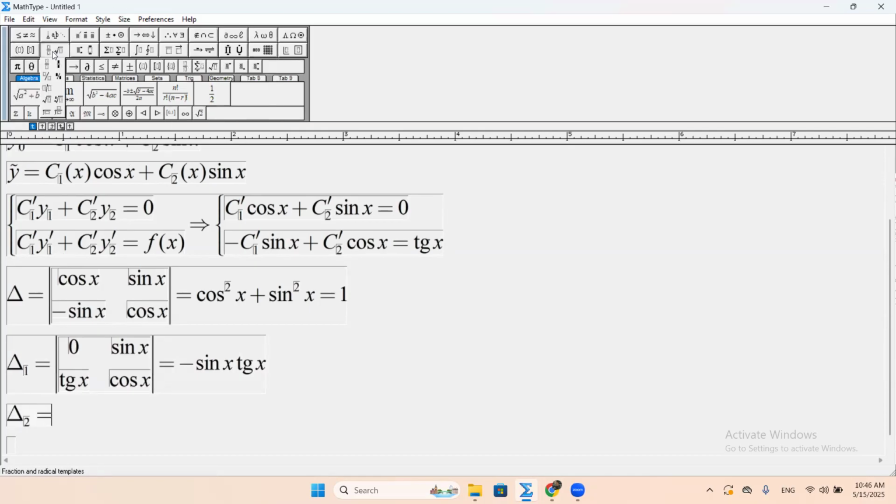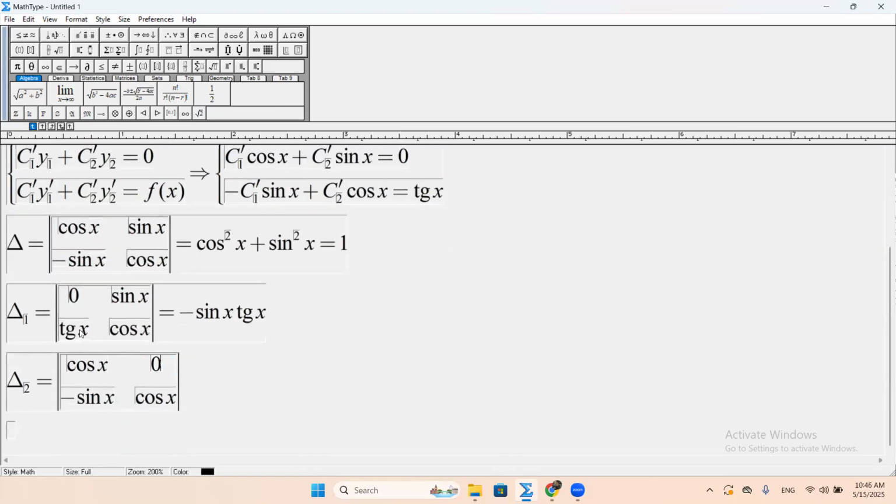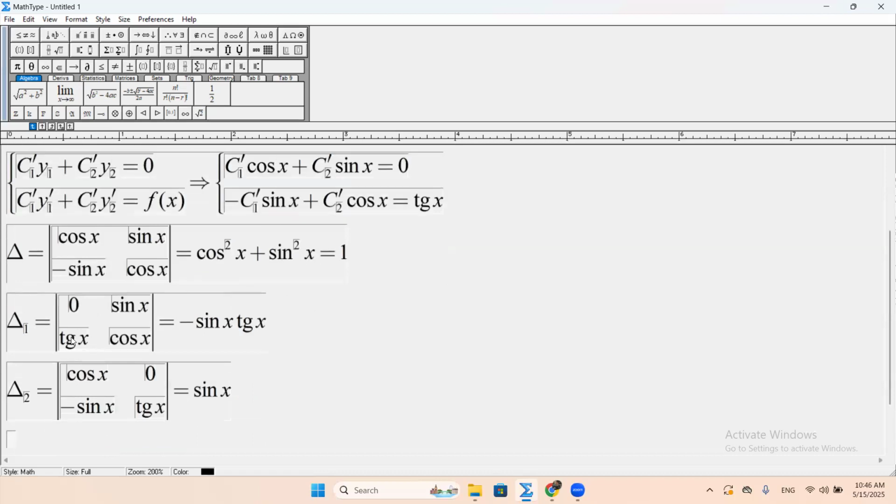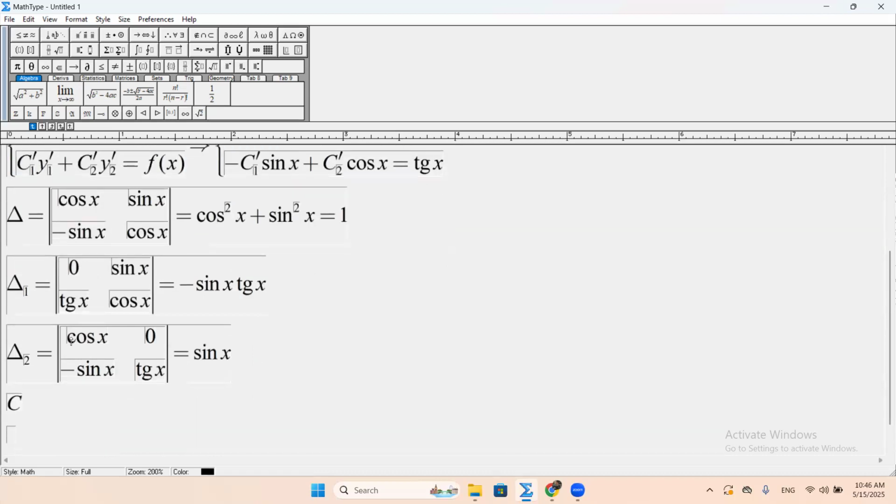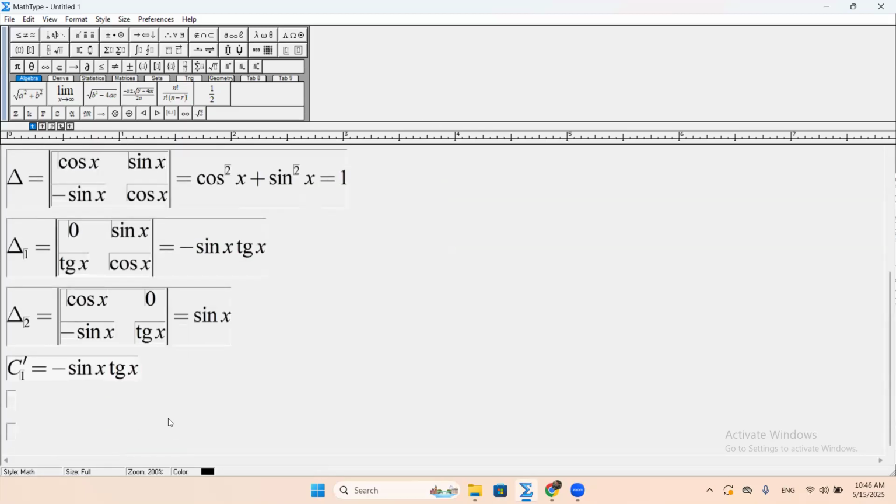It will be the following determinant: here 0 and tangents of x here. So it will be equal to sine of x. Then C1 prime will be equal to minus sine of x by tangents of x, and C2 prime will be equal to sine of x.